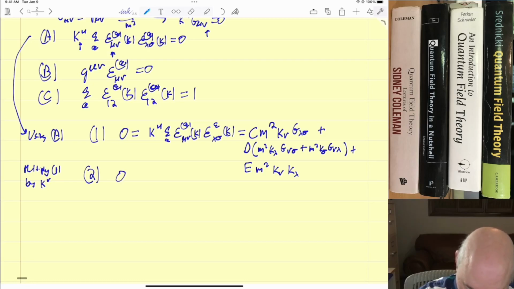So I'm going to get 0 is equal to, when I multiply by k nu it is m squared, so I'm going to get C m to the 4th g nu sigma plus, now when I multiply by k nu, again, k nu g nu sigma is killed and k nu g nu lambda is killed. So there's no D term. I'm just going to get plus E, and k nu is m squared. So E m to the 4th k lambda.